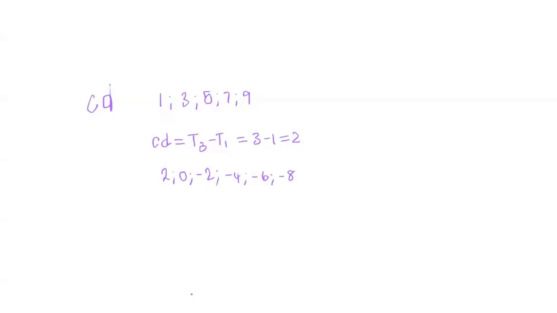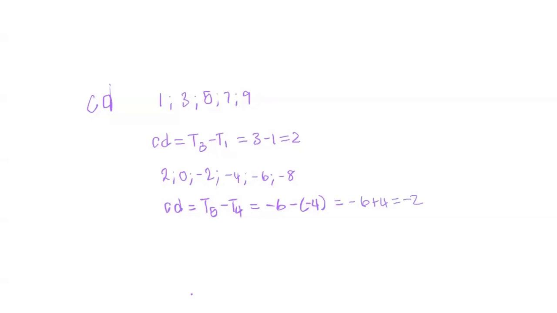My pen switched off, sorry. You get your CD. We said we're taking term 4 from term 5. And then that means you take minus 6 minus negative 4. And we know that a negative minus a negative gives us a positive. So then that's the same as saying minus 6 plus 4, and that would give us minus 2.